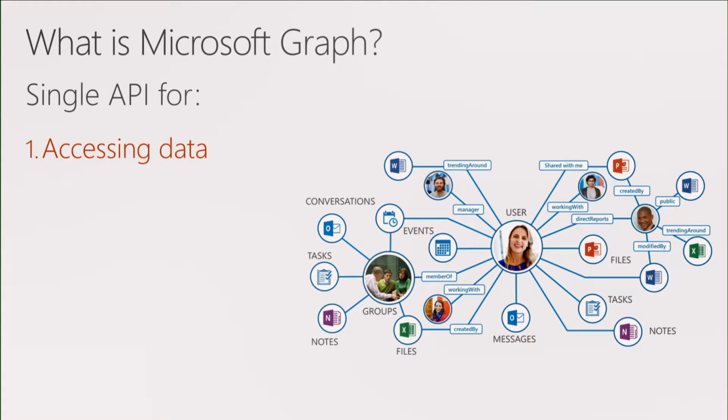But that single API, obviously you would think about an API for accessing data, whether that's accessing my data, my profile, going and grabbing some groups out of Exchange or Active Directory, or grabbing some email with some messages. But that would just really be the Microsoft API, right? Not the Microsoft Graph, just grabbing the data.